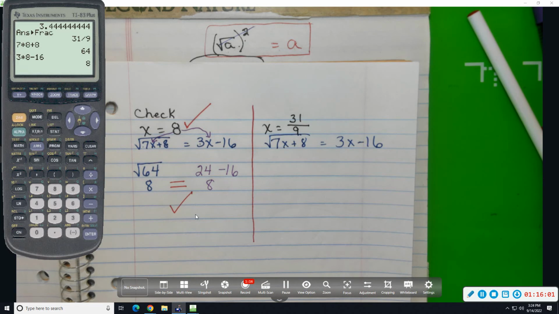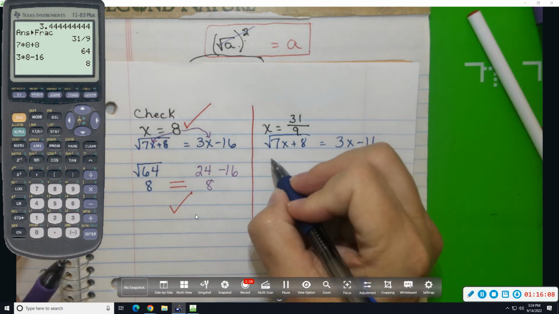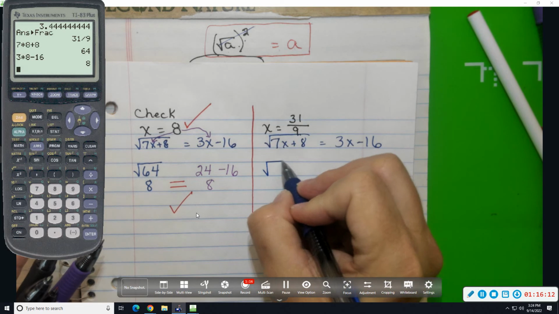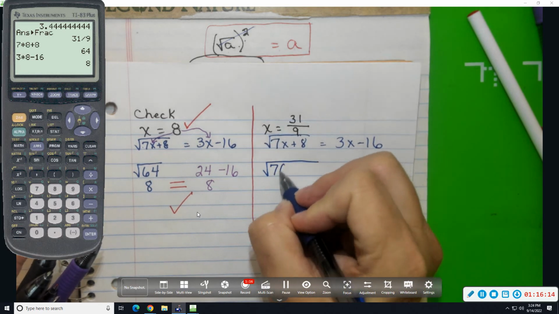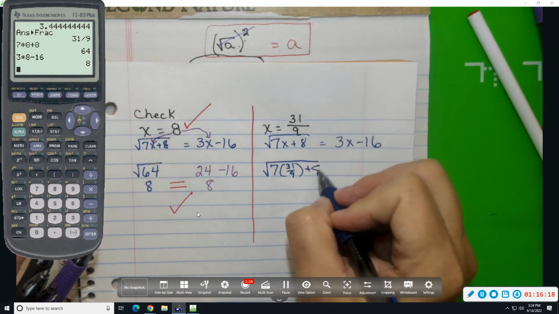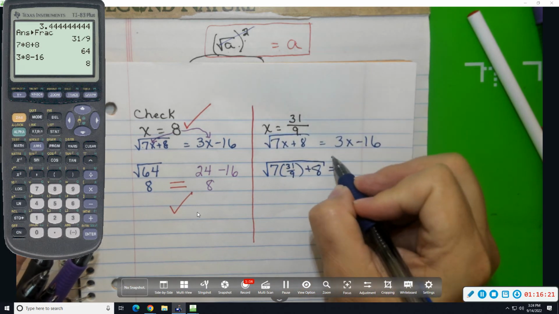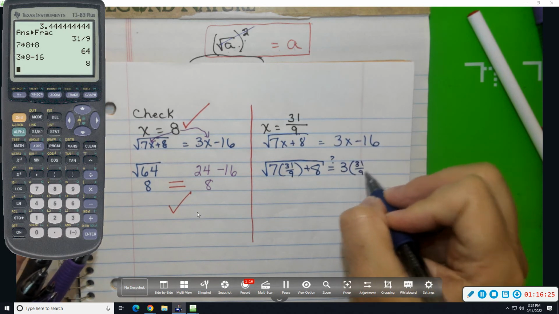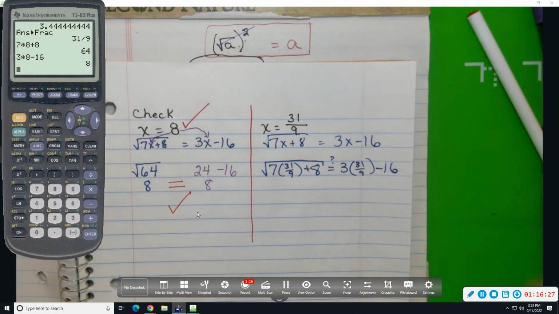Plug in the 31 ninths. I'll do the right side. Okay. Y'all caught up? I'm writing it out. The square root of 7 times 31 ninths plus 8, will that equal 3 times 31 over 9 minus 16?